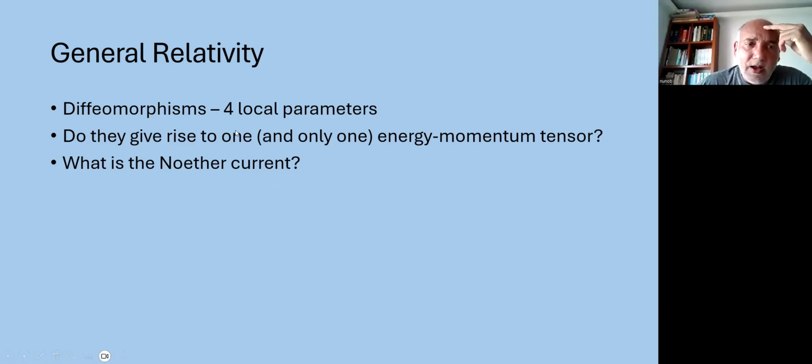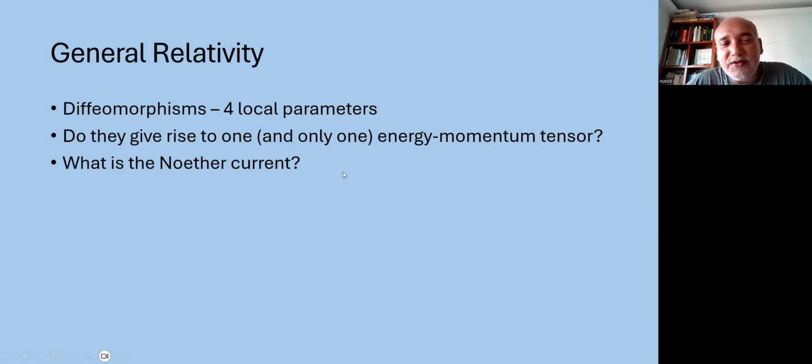So one may wonder, if we apply Noether's theorem, what do we get from general relativity? Do we get 1, and only 1, because we saw that changing a local to global will not enlarge the number of conserved currents? Do we get an energy momentum tensor?